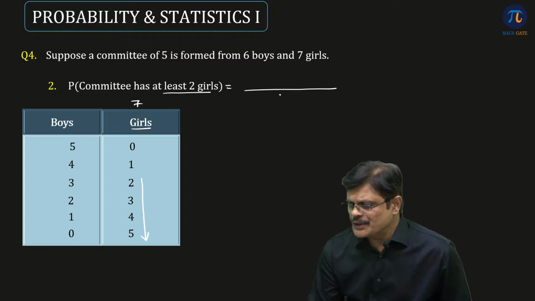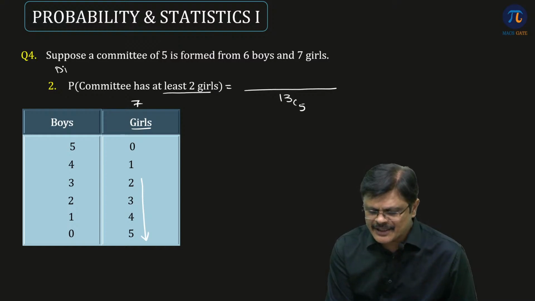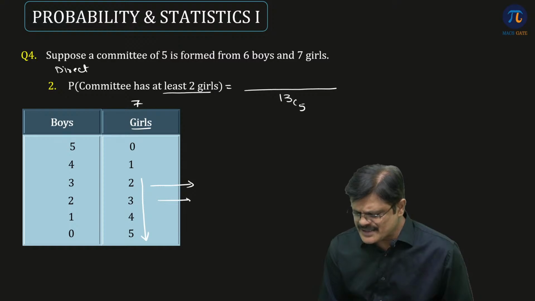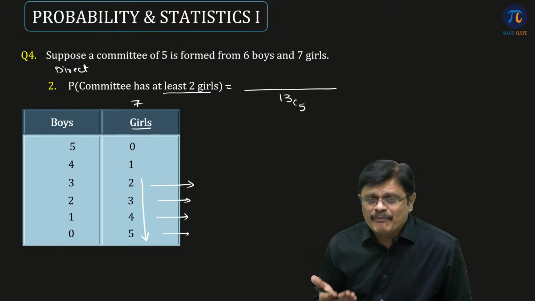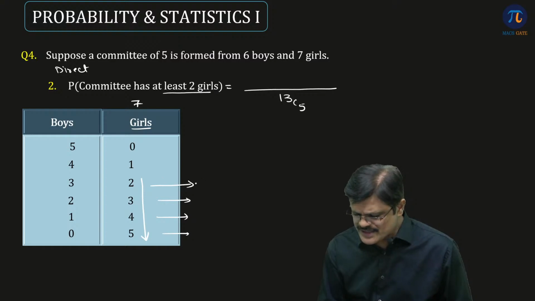And we already know that the total is 13C5. So the numerator, when you use the direct method, would be these 4 cases. We need to find how many possibilities are there, and if you add up, you are going to get the number of cases favorable for the committee having at least 2 girls. So what is this equivalent to?